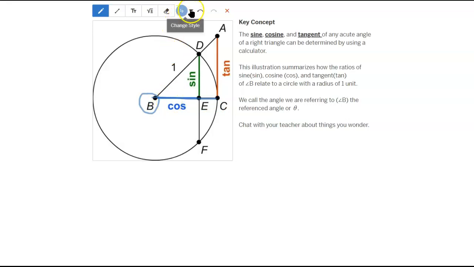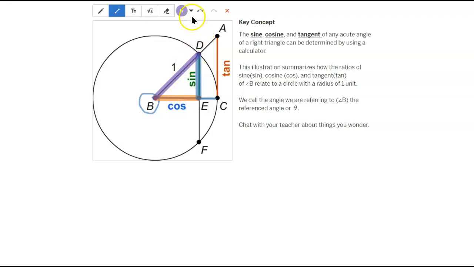So we have our cosine here, which remember is our x. We have our sine here, and then we have another radius going right up here.